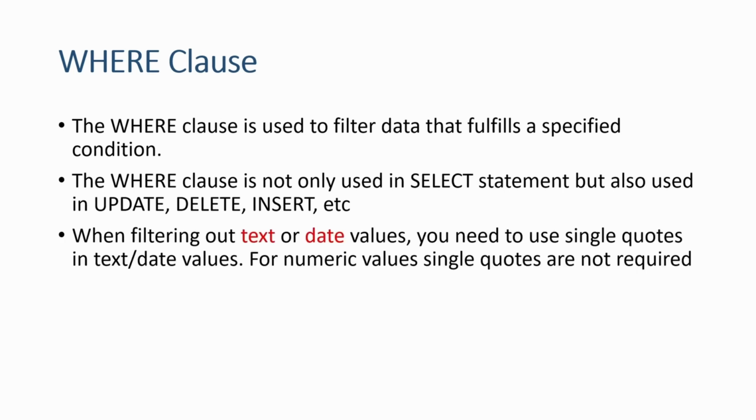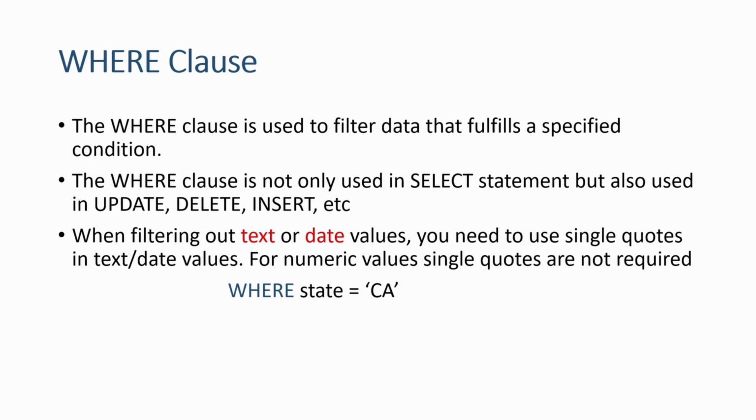When filtering out a text or a date value, you need to use single quotes around your text or date values, whereas with numeric values, single quotes are not required. Let me give you an example. So if you are trying to find all the employees in the state of California, you are going to use the where clause to filter it out.